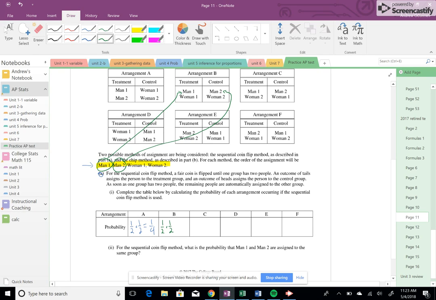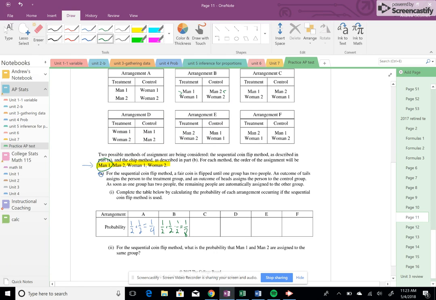But unlike arrangement A, neither the treatment group or the control group is full, so we move on to woman 1. What's the probability woman 1 is in the treatment group? Well, it's just 1/2, it's a coin flip. But now treatment group is full, so woman 2 is automatically assigned. So 1/2 to the third here is going to be 1/8.